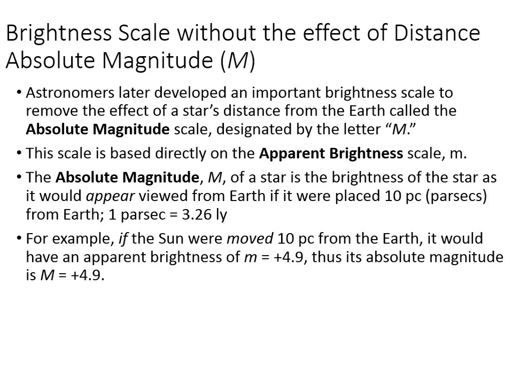For instance, our sun, which is negative 26 on the apparent brightness scale, is a positive +4.9 if you moved it 10 parsecs away, which I would not suggest because that would be very bad for life on Earth.